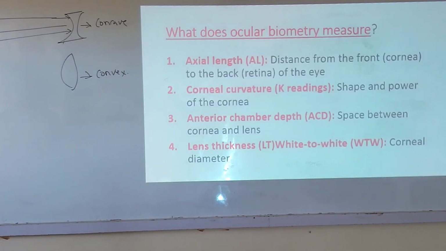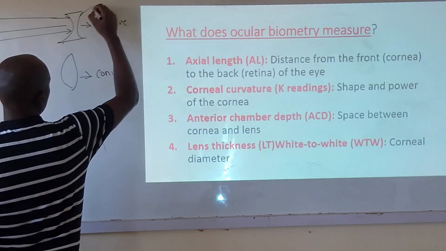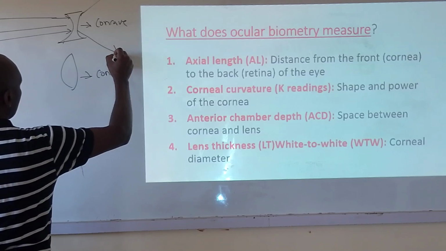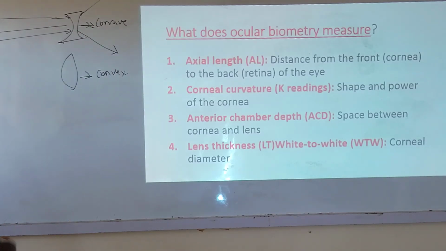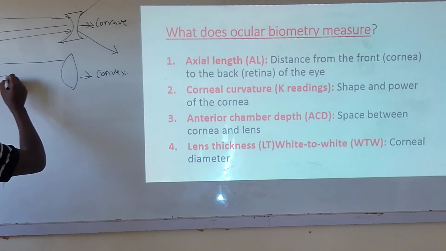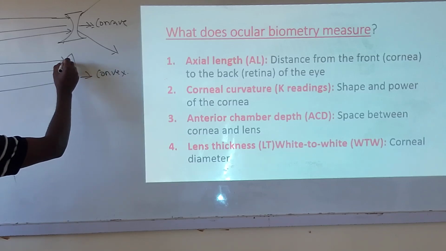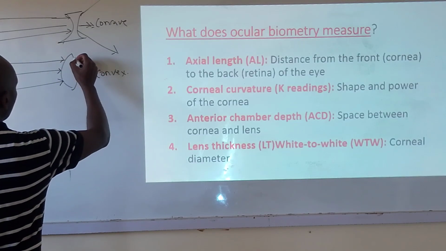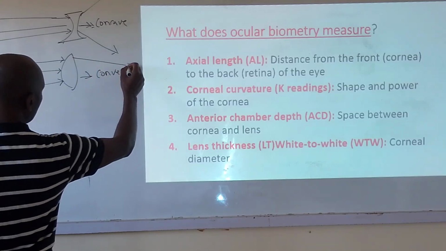When light goes through a concave lens, it will diverge like that. And when light goes into a convex lens, like that, this light will converge somewhere like this.